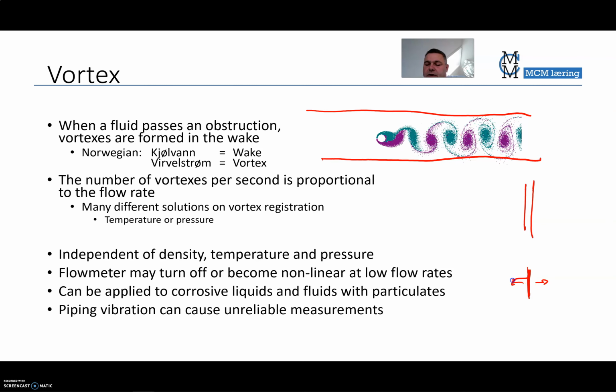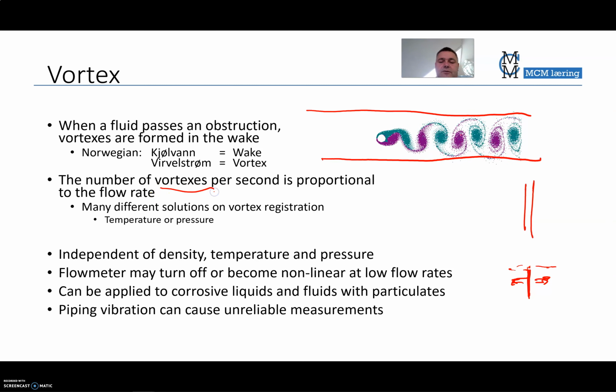So the rudder here will go into the vortices and go back and forth, and you can count the movement of the rudder. In the film from Endress+Hauser, it looks like the rudder is going away from the vortices, but that's actually wrong. So you have to count the number of vortices per second and use that to calculate the flow rate.